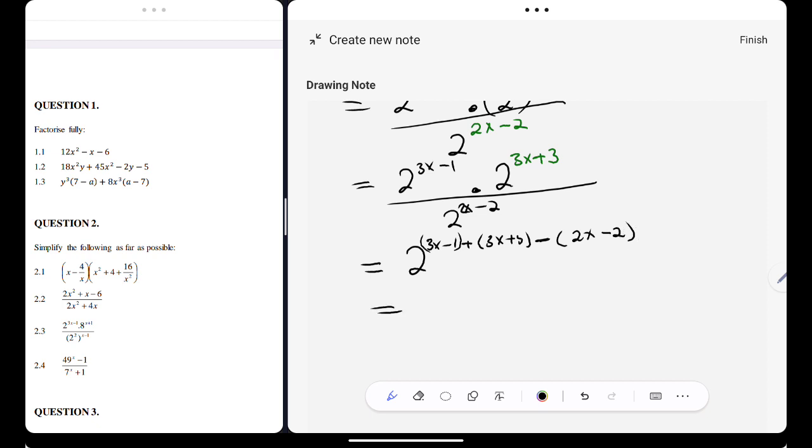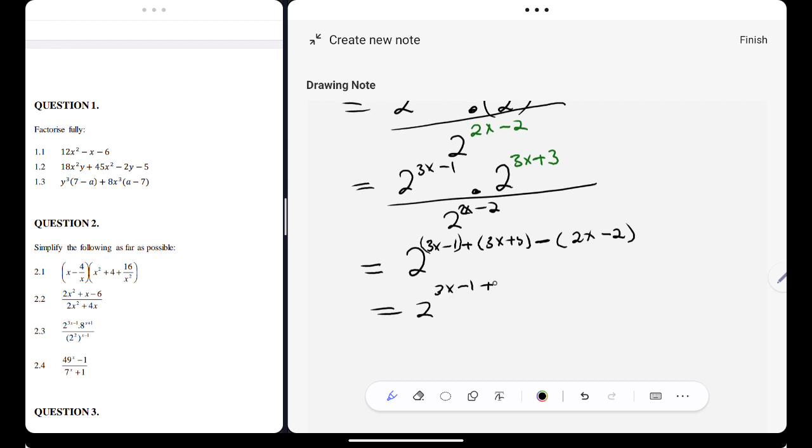All together. So here we have 2 to the power 3x minus 1 plus 3x plus 3 minus 2x plus 2.